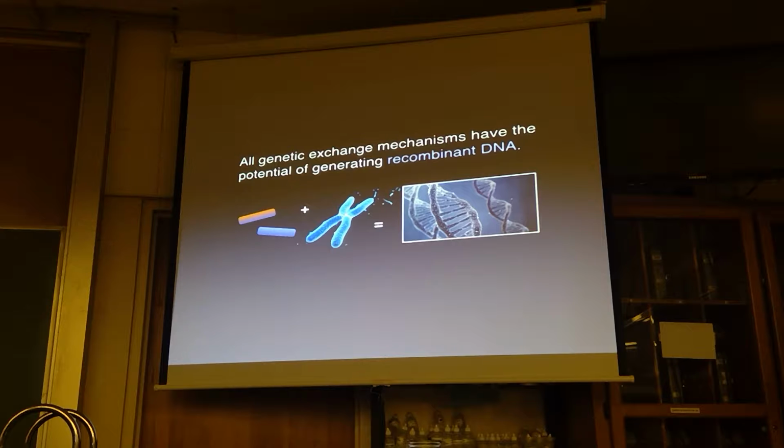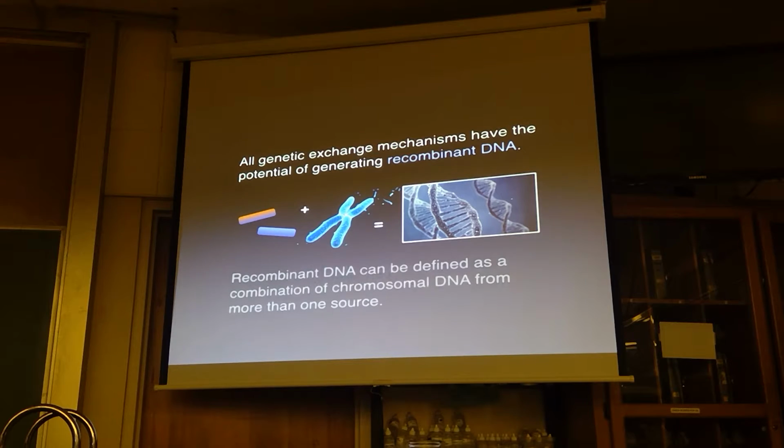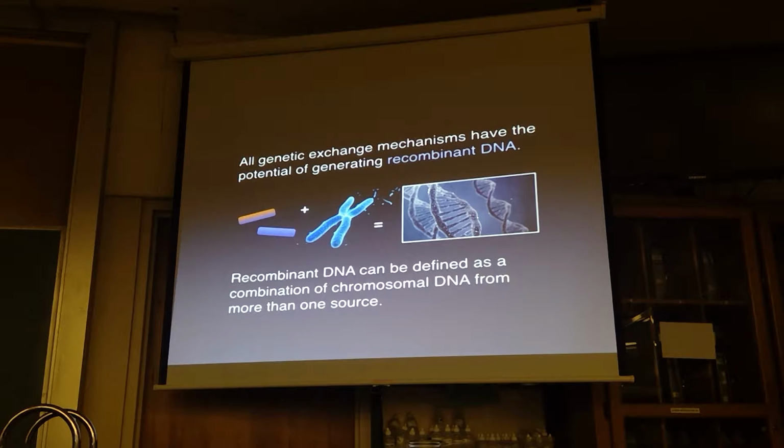Okay, so the other thing that is true of all these genetic exchange mechanisms: if they're successful, if the recipient takes in DNA and is able to incorporate it into its chromosome and hold it there, then we have what's called recombinant DNA. This term, recombinant DNA technology, unfortunately has to do with any kind of manipulation of cells where you're taking DNA out, putting DNA in.